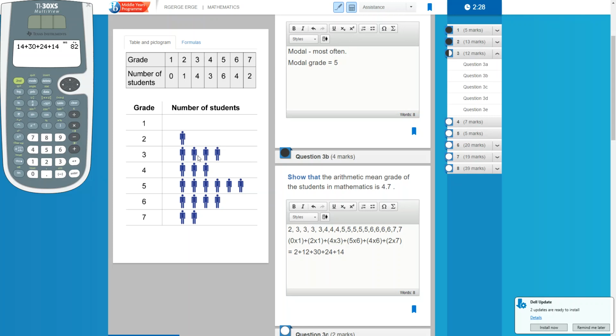Two times 1, 4 times 3. 3 times 4, 5 times 6, 6 times 4, 7 times 2. Maybe the book's answer mark is wrong, so 82 divided by 20 students is 4.1, which is not 4.7. 2 times 1, 4 times 3.